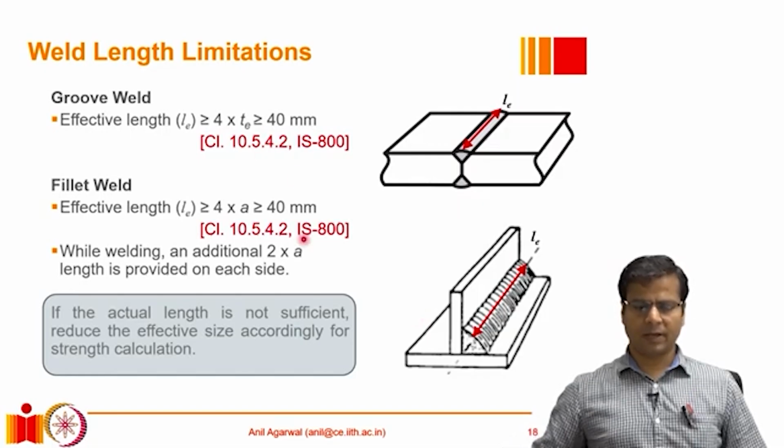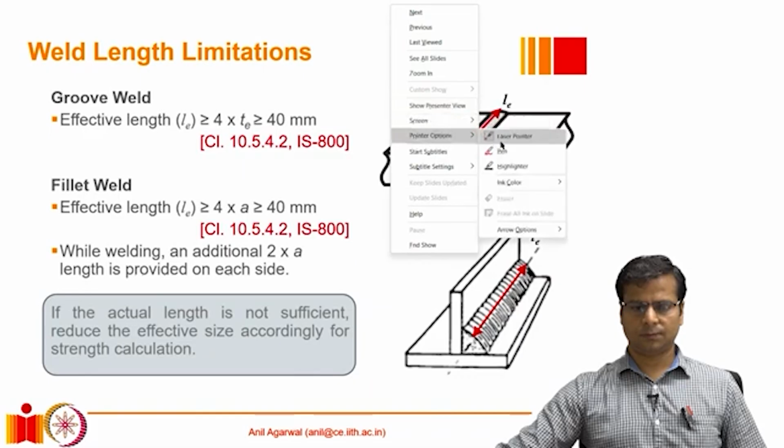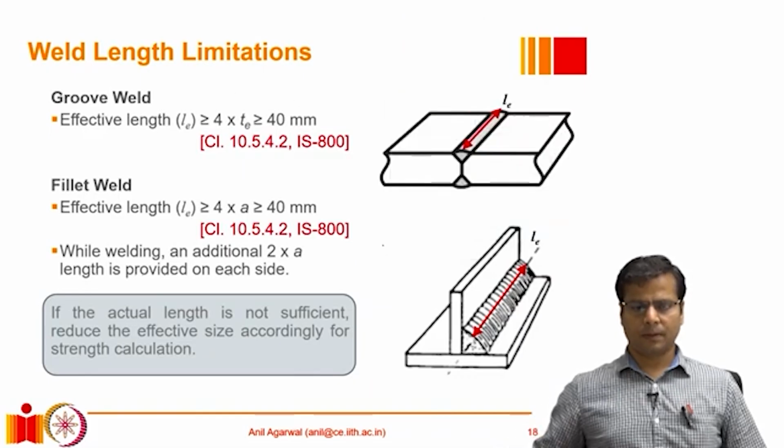So for example, if we are providing an 8 millimeter weld, but the length of the weld we have provided is only, let's say, 24 millimeters. So this does not satisfy the requirement of length, effective length should be greater than 4 times the weld size.